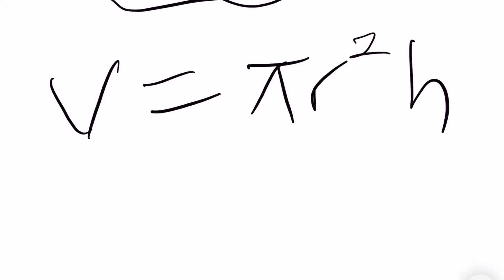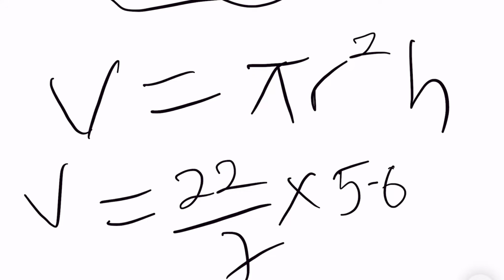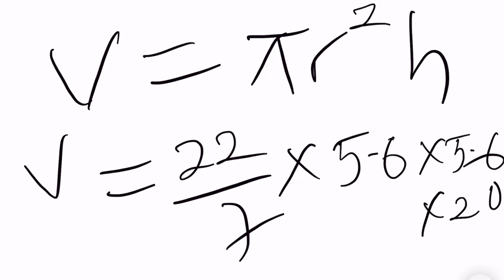Now, to find the volume, we have the volume to be pi r squared h, where we have our V to be 22/7, and our radius is 5.6, and we have our height to be 20.